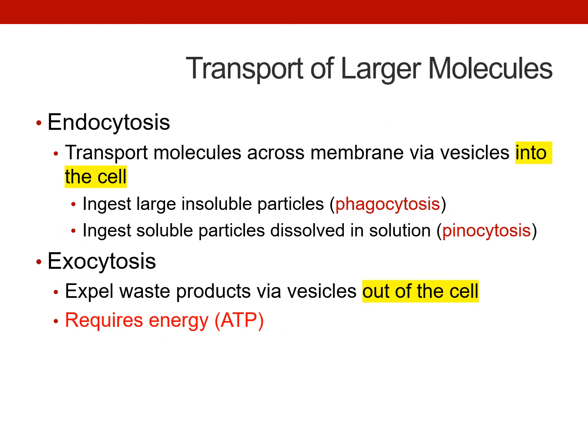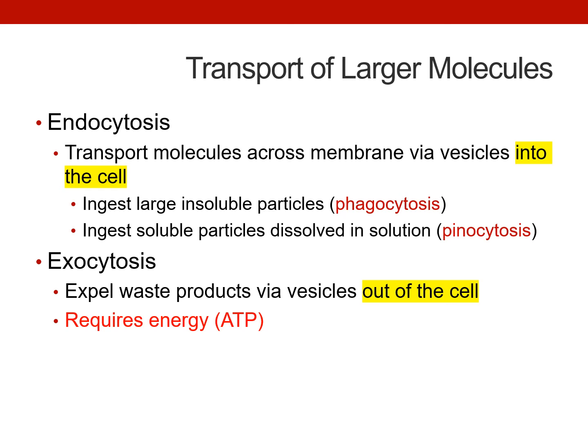Larger macromolecules that cannot easily cross the membrane must enter by another route. So they are engulfed by the cell membrane, wrapped in vesicles and taken into the cell. This is termed endocytosis. When the cell engulfs large insoluble molecules, we term this phagocytosis.